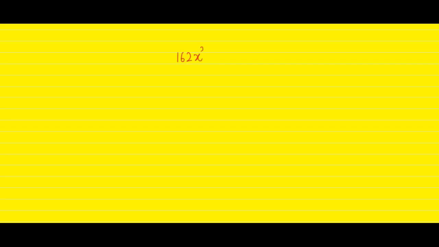162x square minus 50y square. Now you will say 162 and 50 are not perfect squares, so we cannot express them as the difference of squares. But just improve your observation skills a little bit and see, is there anything common between these two terms, the first term and the second term?